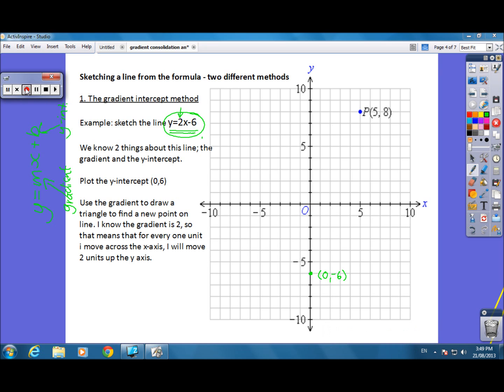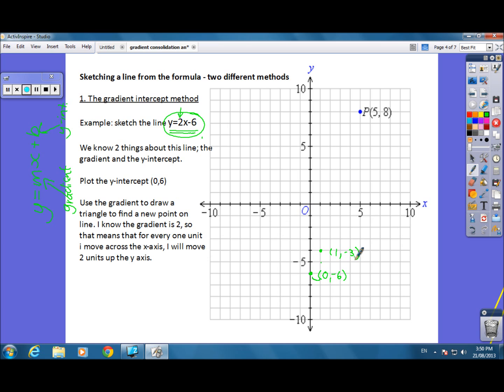Okay, that's right. This line here, we know also that the gradient is 2. So, what does the gradient mean? It means that for every 1 unit across from that dot I have to go up 2 units. So there's another point there on the line that I'm interested in. And let's read it off. That's the point 1, minus 4.